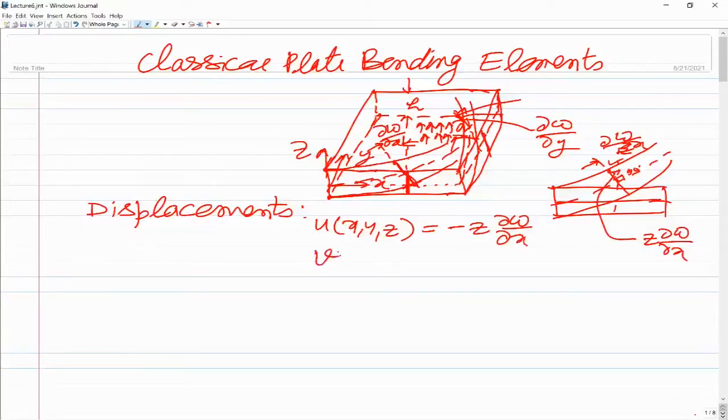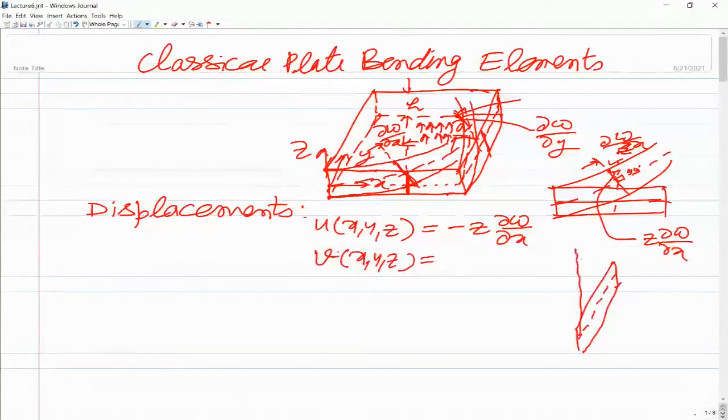Similarly, the displacement along the y direction at any point x, y, z is found by looking at the other face, the yz face. This is the center line, and now it deforms like this, and this is the middle surface.